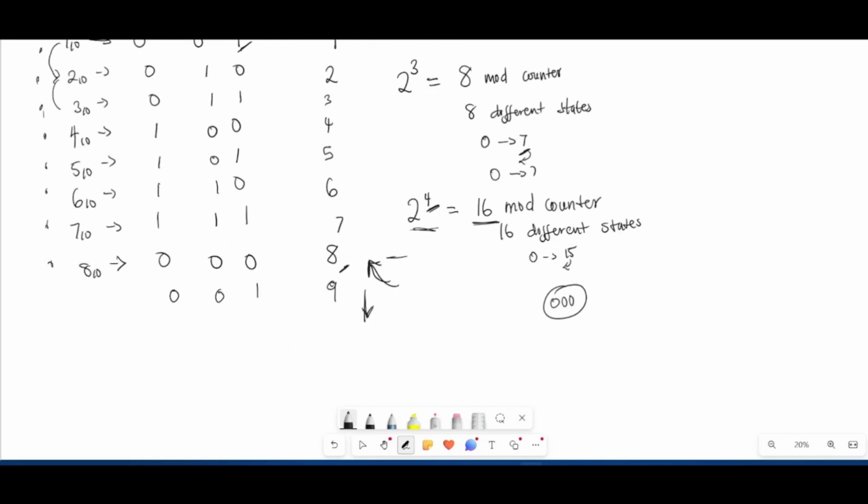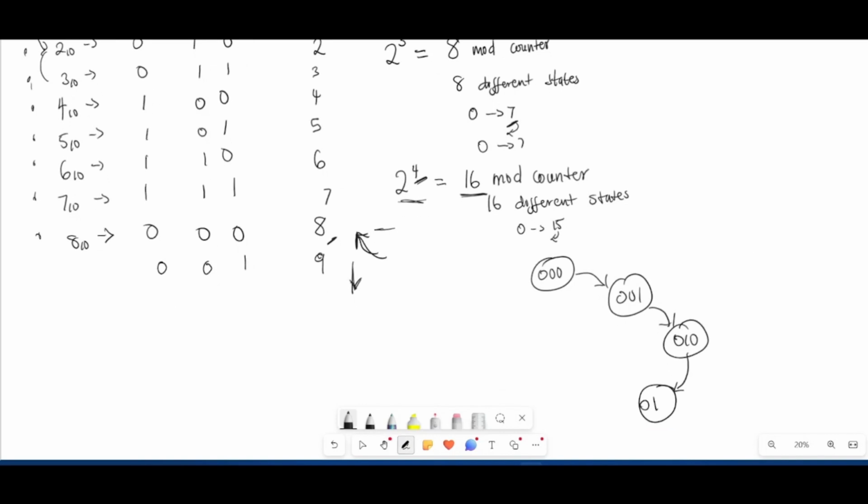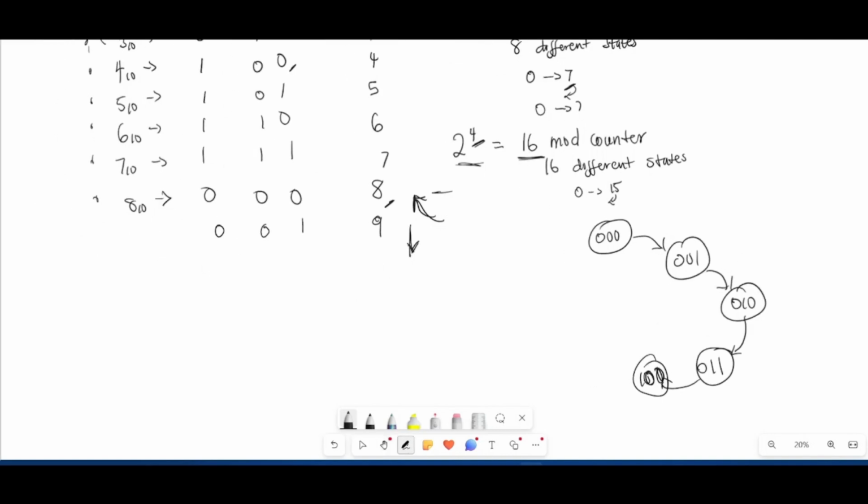So we're going to start from 000, go up to 001, next 010, next 011, next 100, next 101, next 110, 111, and then we set back to 000 and keep counting. So this is a mod 8 counter state transition diagram.